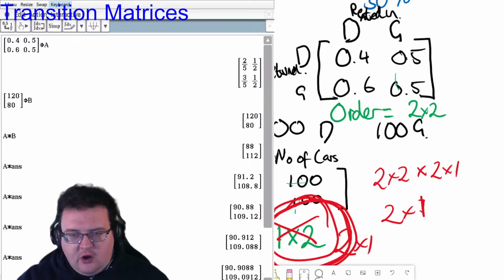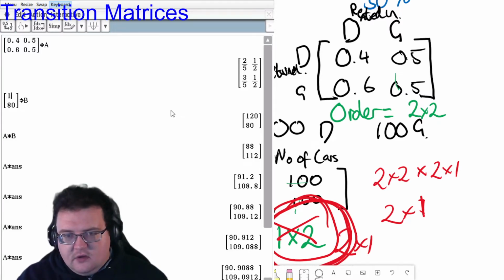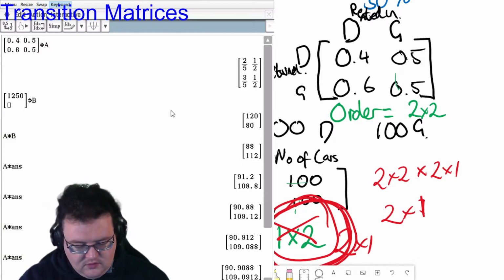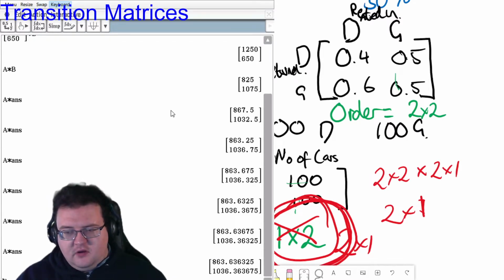So I could ramp this up and I could go to the thousands. So we can talk about 1,250 cars and 650. And I could run this experiment. And what you'll notice is that it converges on a set of values pretty darn quickly.